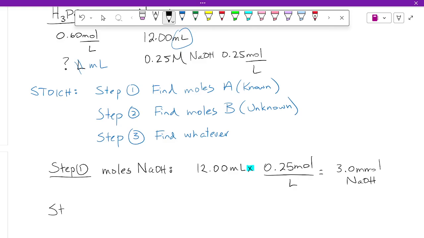Step 2, we need to find the moles of H3PO4. To do stoichiometry and convert from moles of one thing to moles of another, what do we need?